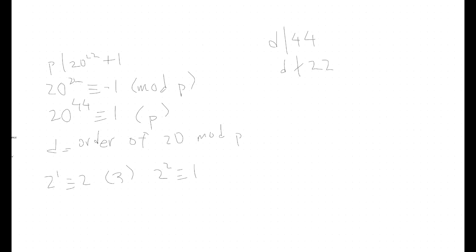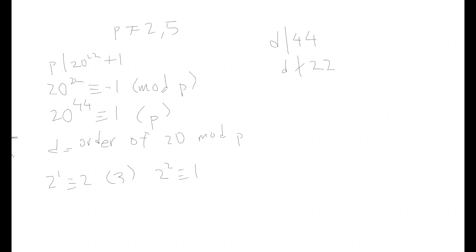We see that p is not equal to 2 or 5, so 20 to the 22 cannot be equivalent to 1 mod p.